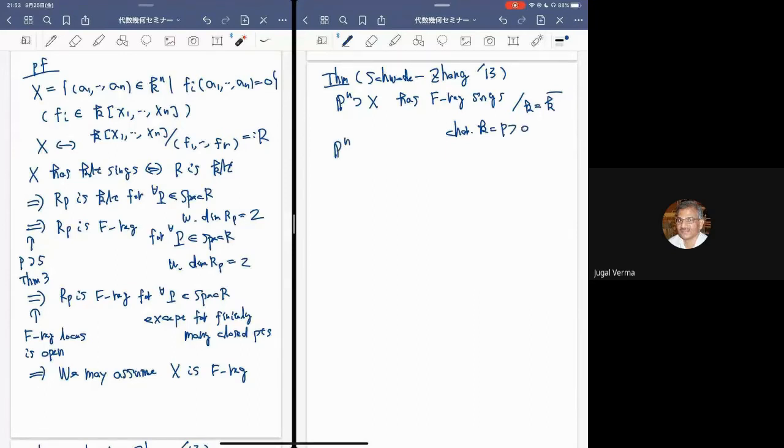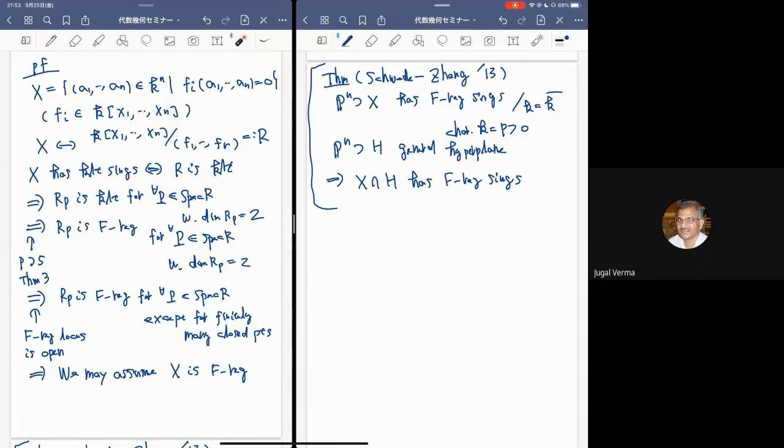And as above, H is a general hyperplane. Then, in that case, the intersection with H also has F regular singularity. So basically Bertini's theorem holds for F regular singularity.